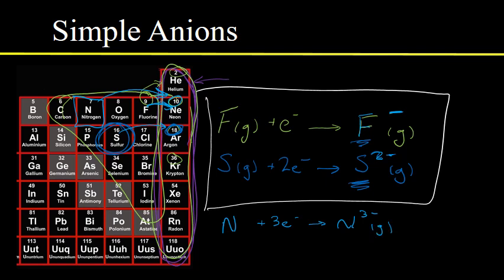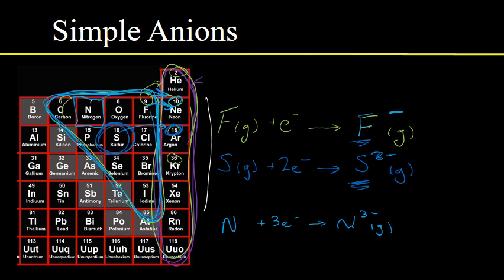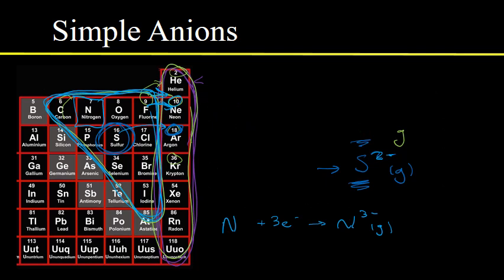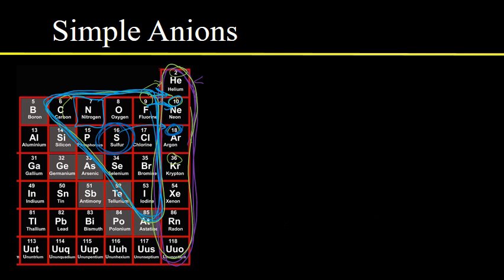All right. So for all of these nonmetals, when they form a negatively charged ion, we can tell what the charge is going to be just by looking at the periodic table. Kind of like we did with the cations in group 1 and 2. Everything in group 1 loses 1 electron to become a +1 ion.